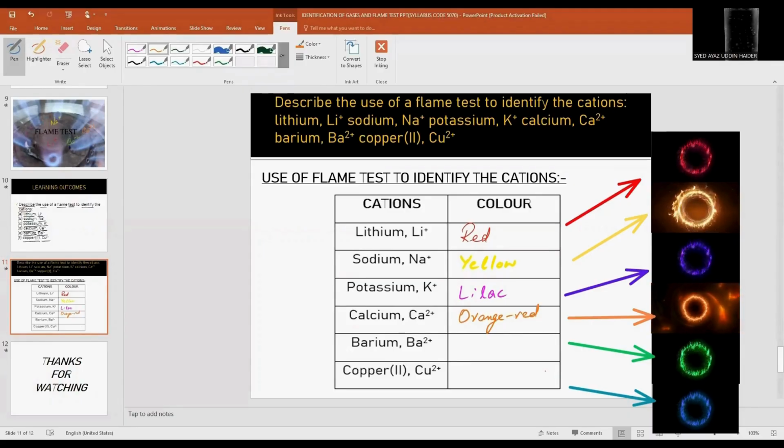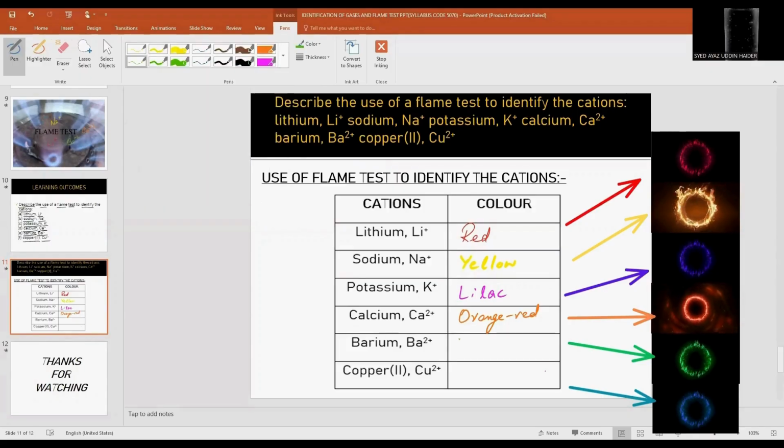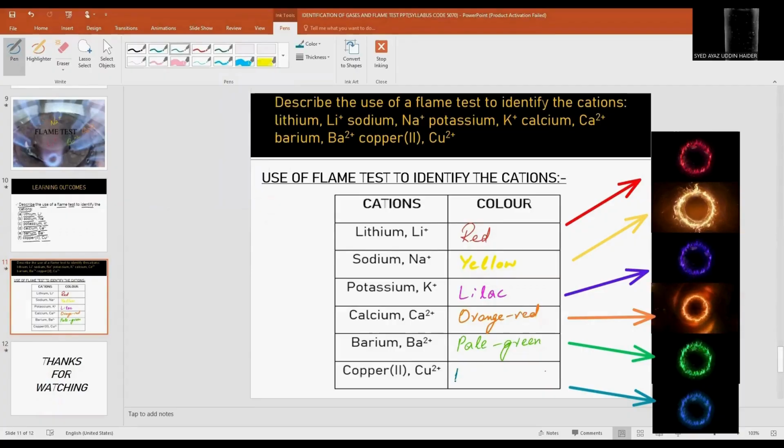Barium gives green color, pale green. Cu2 positive, as you all know, gives blue-green color in the flame. So you have a color like this, blue-green.